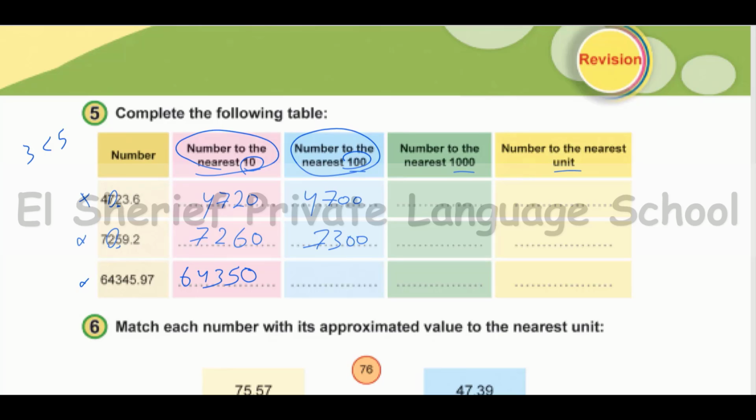The last number, look at the tens place. We have 4, less than 5, so put 3, the number in the 100 place, as it is, 3 and 4 and 6. Then put 0 on the unit and tens place. The same if we need the nearest 1000.